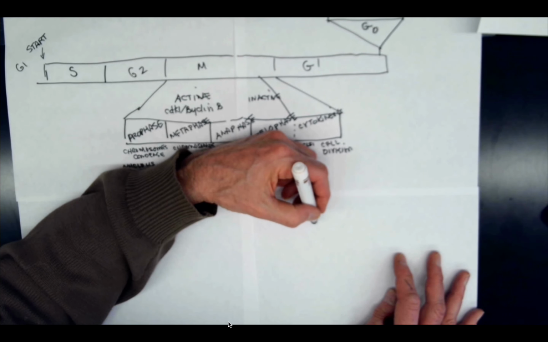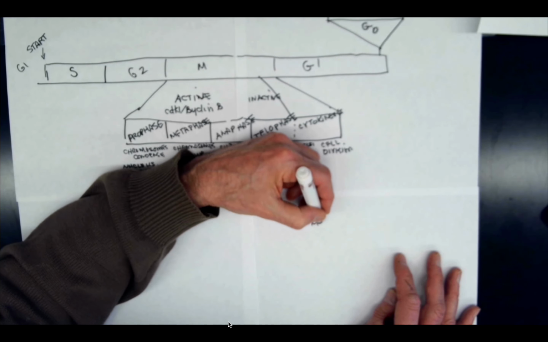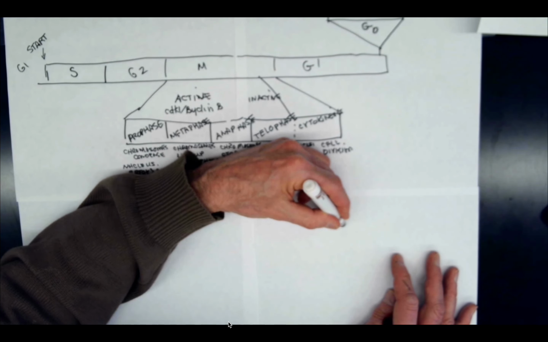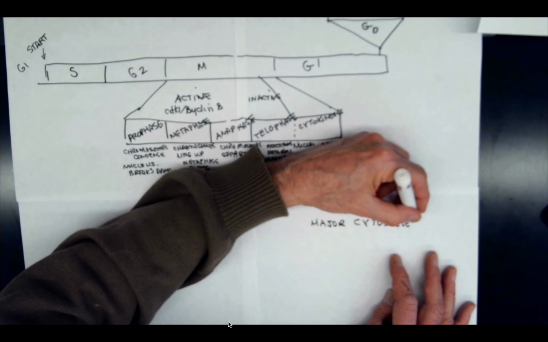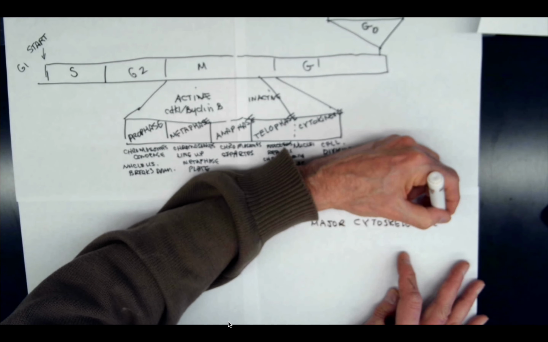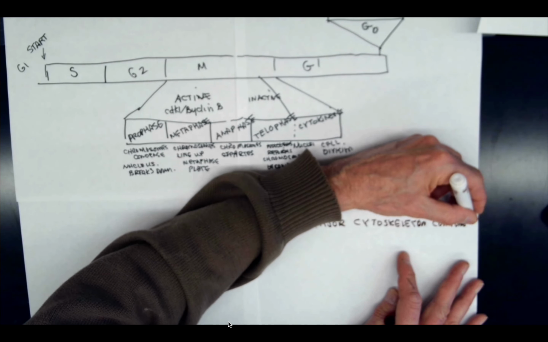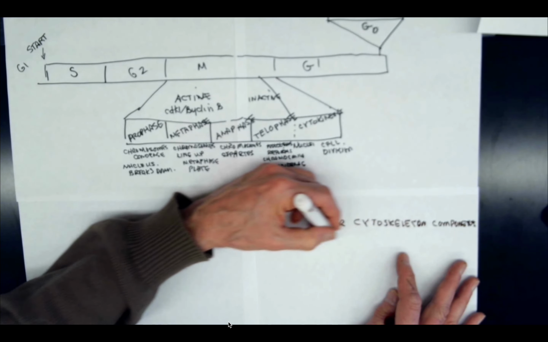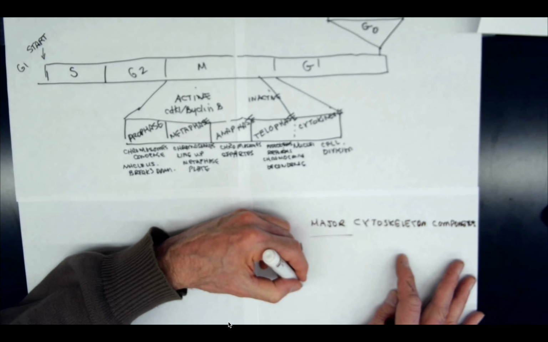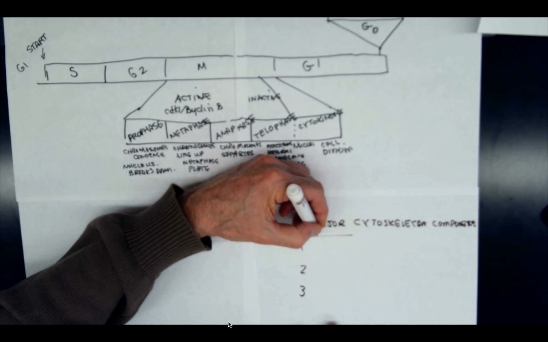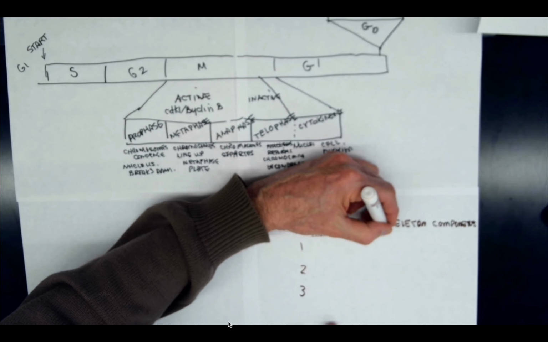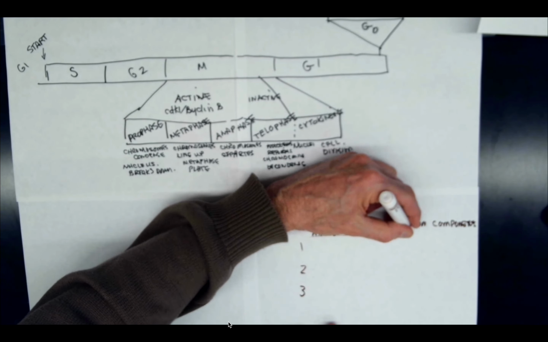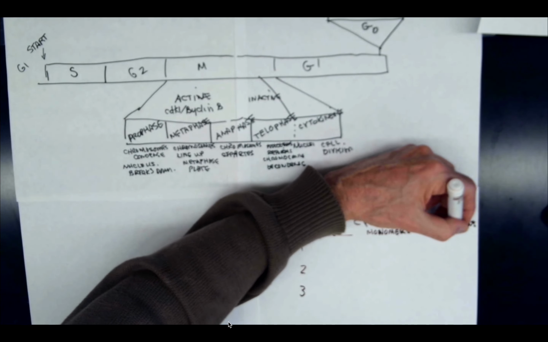And so these are major cytoskeleton components, and I'll run out of space there, but we'll just make a little table, and there are really three, and we're going to give their name, and then what are they composed of? They're composed of protein monomers that get polymerized.